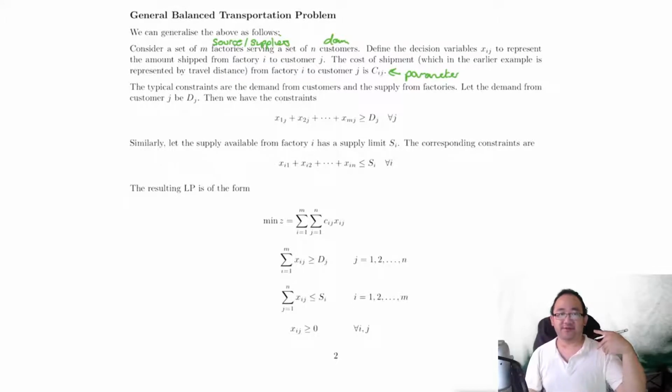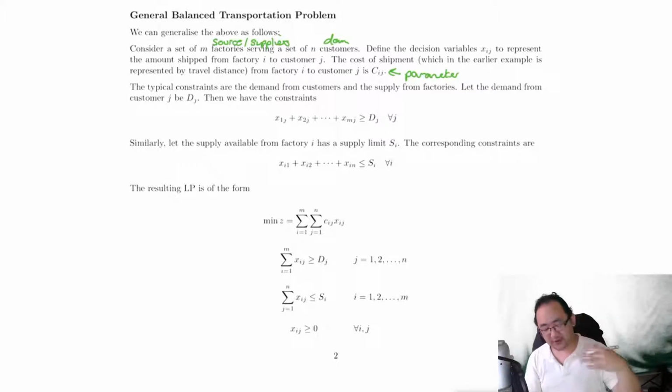Parameters tend to be, in linear programming models and models in general, placeholders for numbers that are going to be eventually supplied. Right now, when we're talking about a general form, we don't know what those numbers are. We just know there's going to be a cost for each of them, so we have a placeholder, a parameter, to represent those numbers.